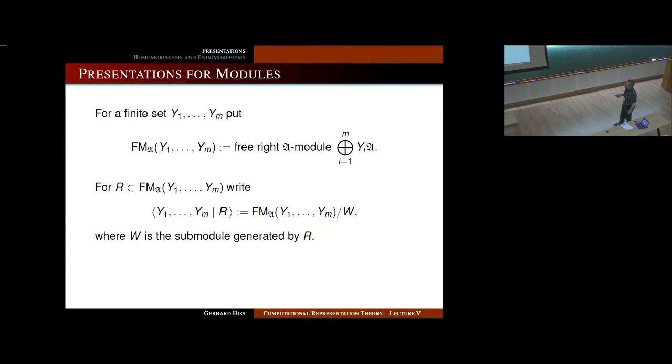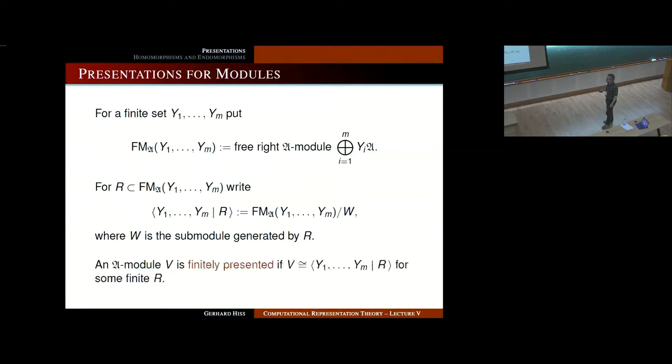And then again, you take some subset in this free module, and this is the module presented by these generators and this set of relations, just the quotient module of the free module by the submodule generated by the set of relations. And of course, a module V is finitely presented if it has a finite presentation.